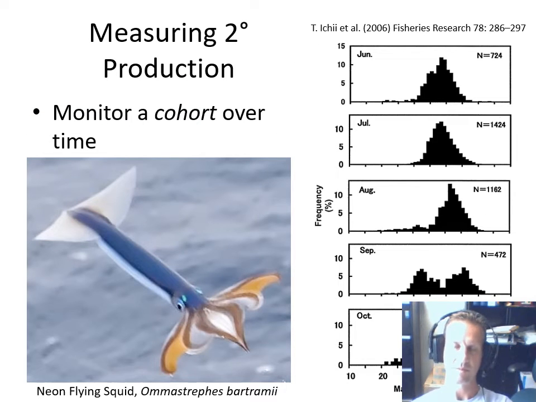So I'll talk a little bit more about the cohort method here with an example of a type of squid that's an important fisheries species in the Pacific and is harvested in particular by Japanese fishing fleets. It's the neon flying squid. These squid actually, to escape predators, leap out of the water and can soar through the air with webs of skin between their tentacles and on their mantle.